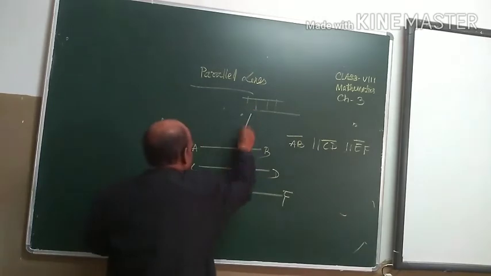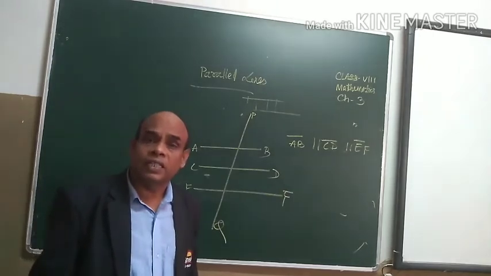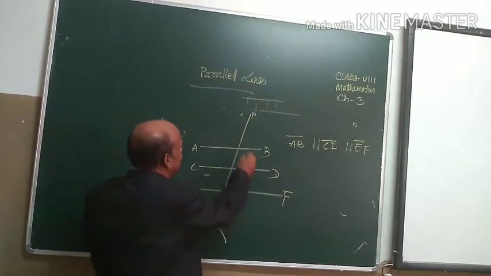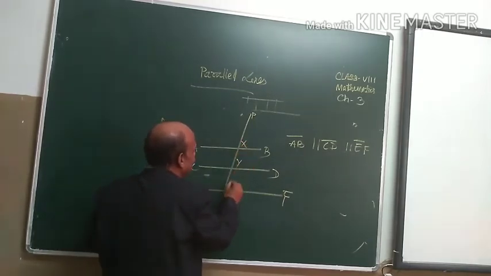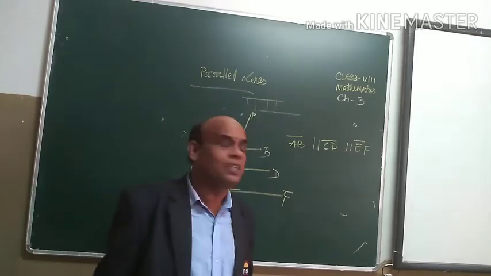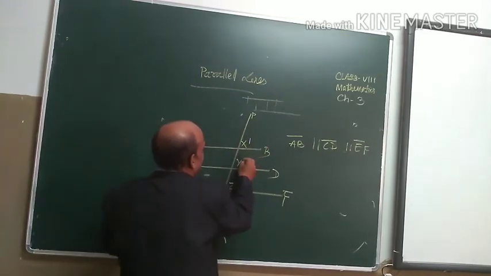And if PQ is the transversal meeting the lines at the points X, Y, Z, so ultimately what will you find? Suppose this is angle 1, this is angle 2, this is angle 3.